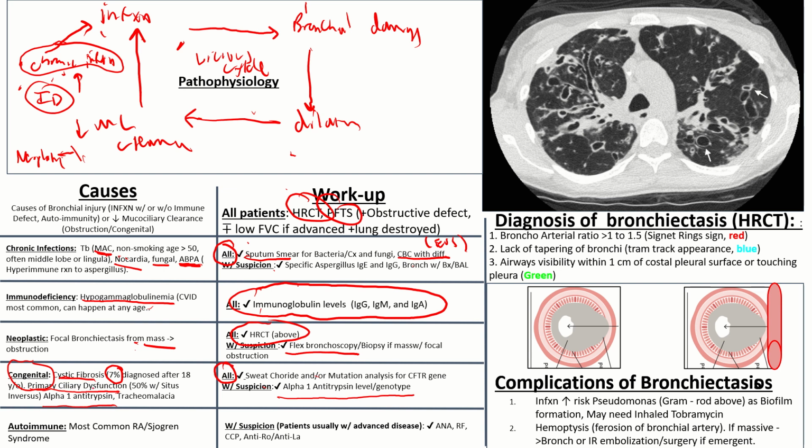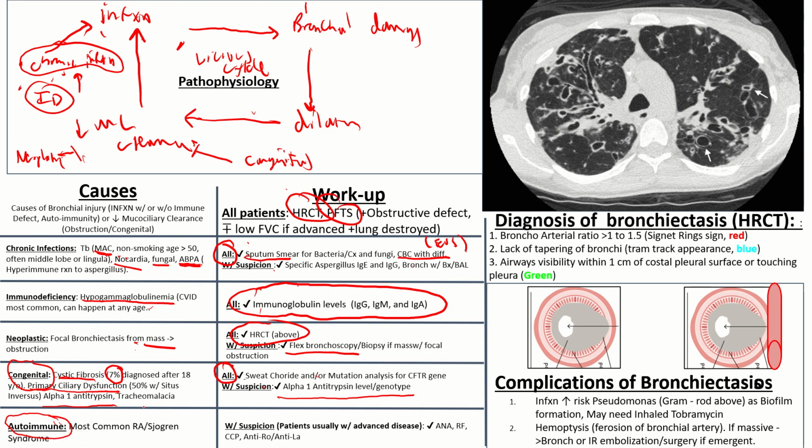And then lastly, it's going to be autoimmune. Most patients with these diseases are going to have chronic disease, and these congenital causes mostly decrease the mucociliary clearance.